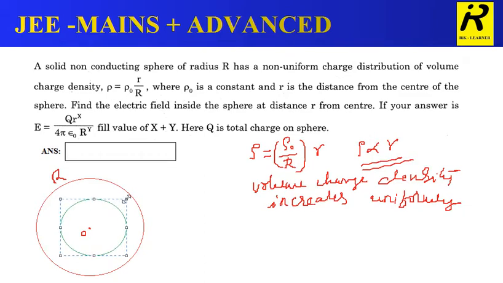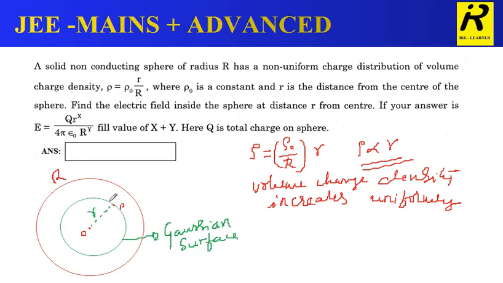So now there exists a point P somewhere here, which is existing on the surface of the Gaussian sphere, or Gaussian surface, I may say. The distance from O to P is r.